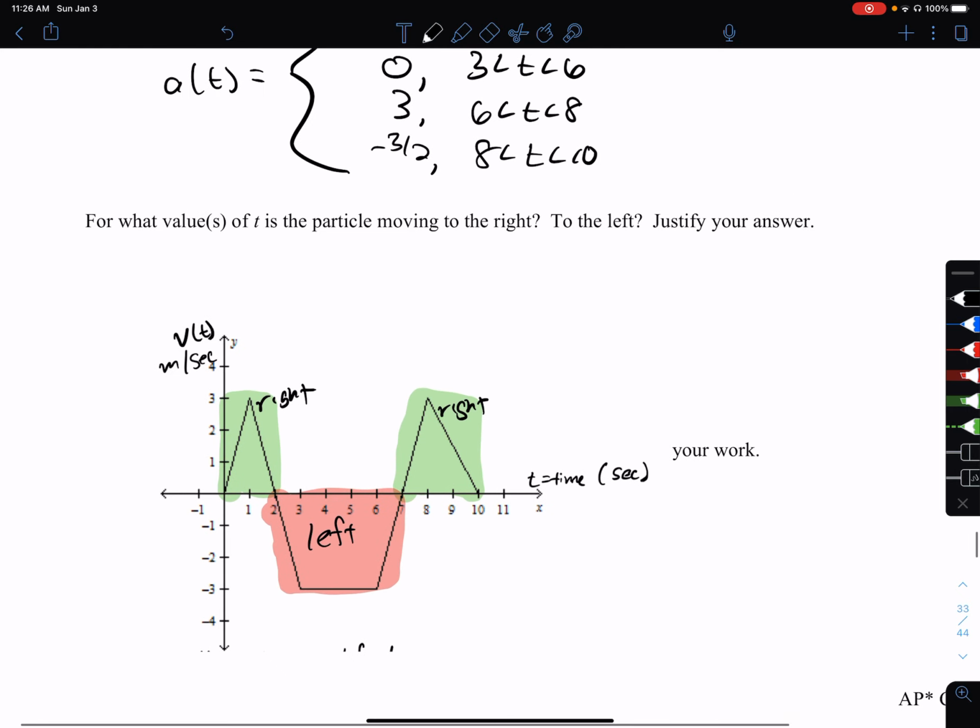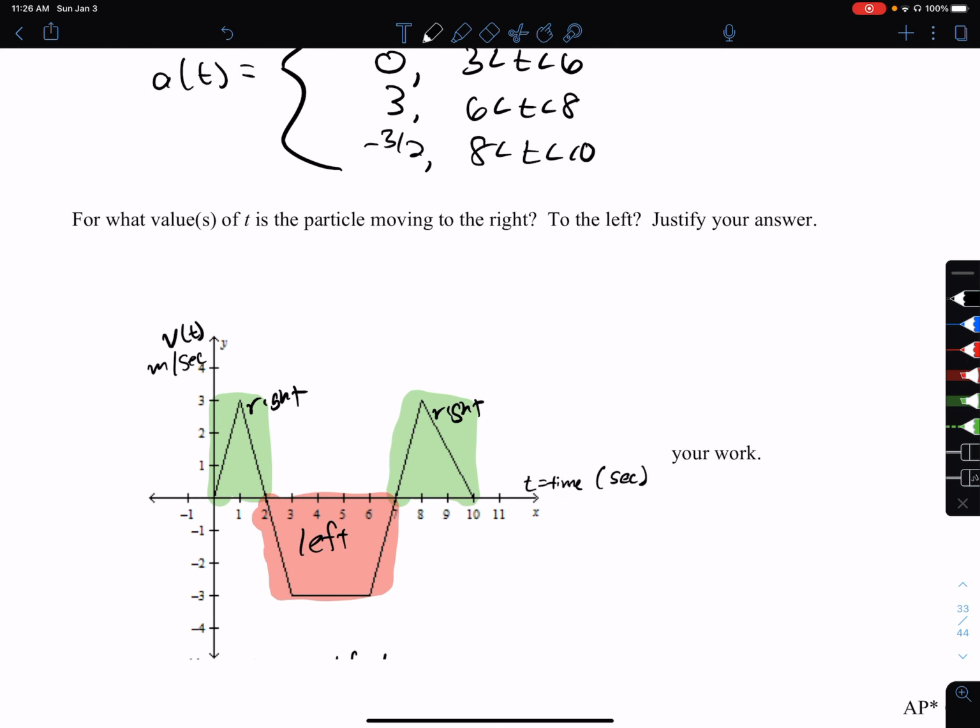So how do we write that formally? Well, we could say that v of t is greater than 0 on the interval from 0 to 2, and it is again from 7 to 10. What conclusion can we draw from that?